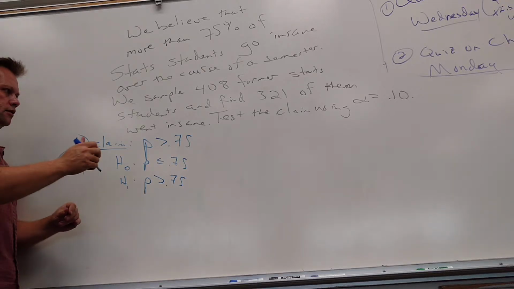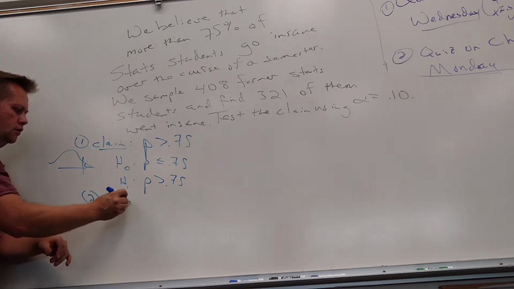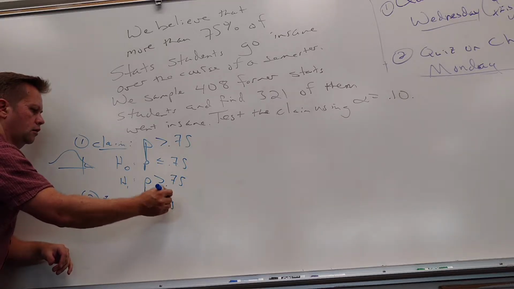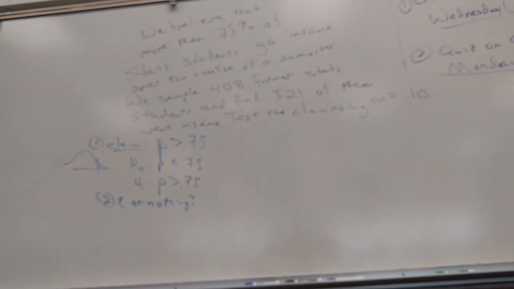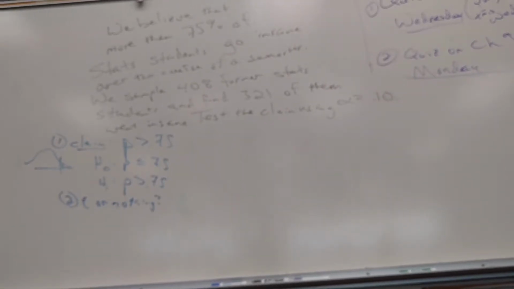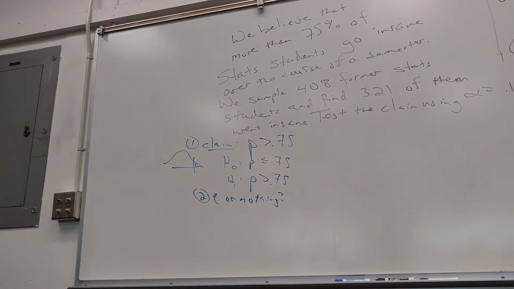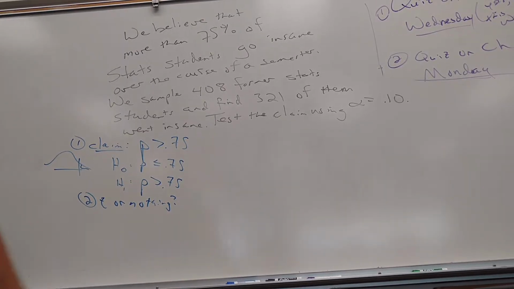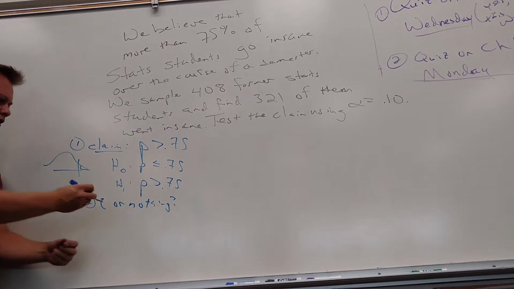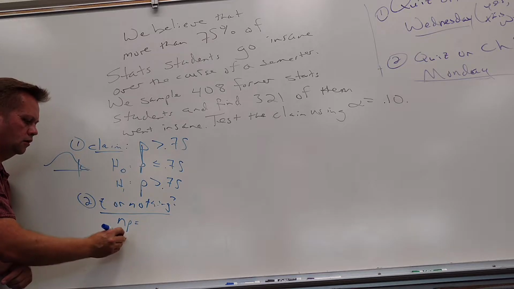So secondly, what do I check to see if I can use z-scores? NP. So what's N? 408.